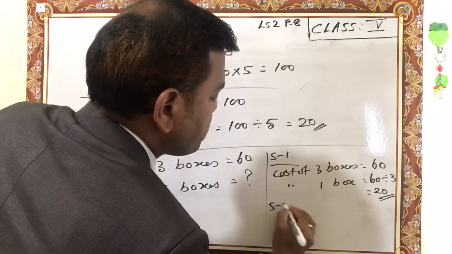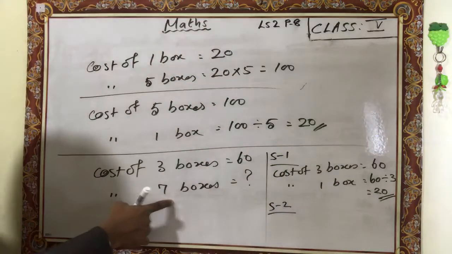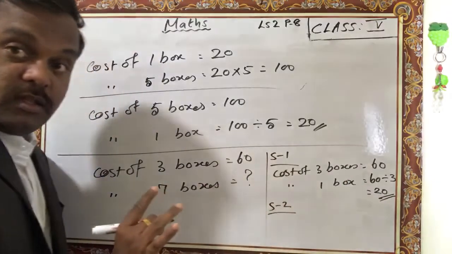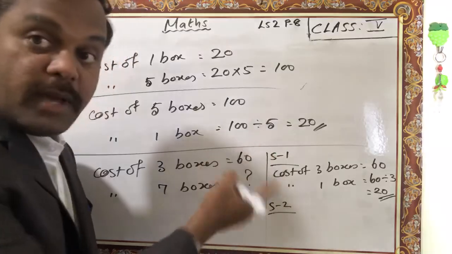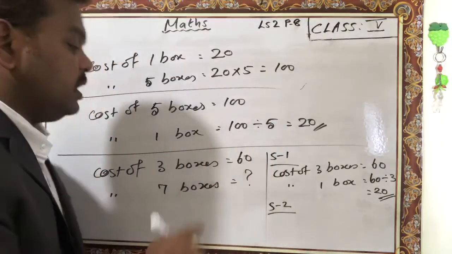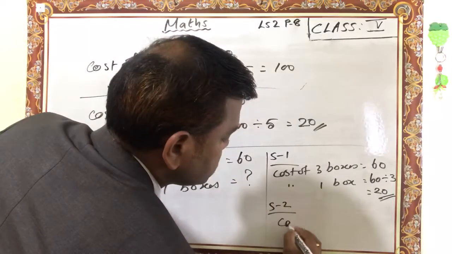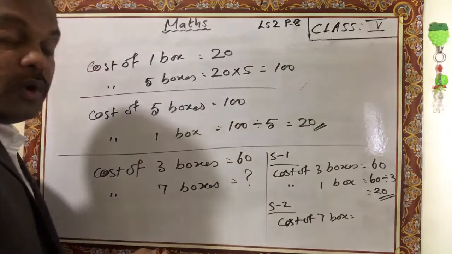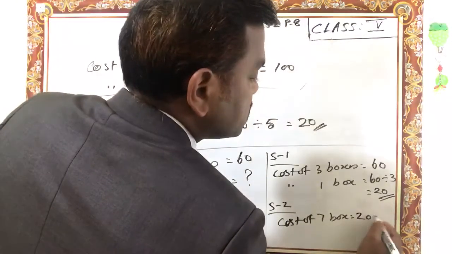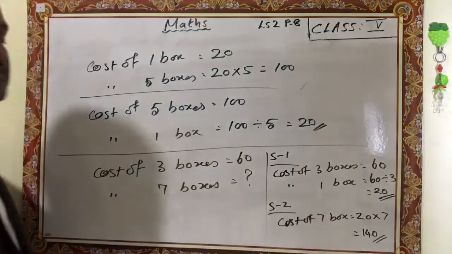Step 2. One box you know, and the question is 7 boxes. Minimum is given and maximum is the question, so you have to multiply. Cost of 7 boxes is equal to 20 into 7, which is 140 rupees.